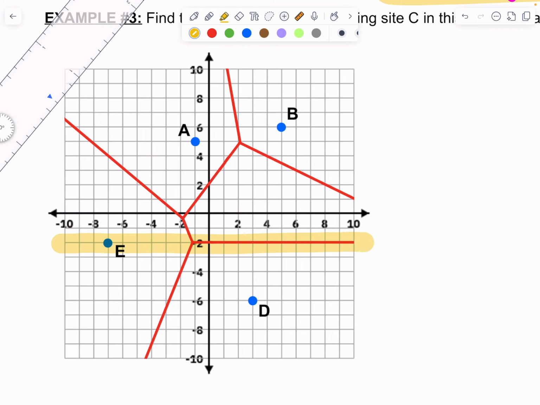So that means that whatever site is in this region, because that horizontal line is a fence, I know that there should be a point directly across from that line, directly across from D. So D is 4 units away from the line, which means that the other point on the other side should be 4 units away as well, which we'll put here. So this is coordinate C.